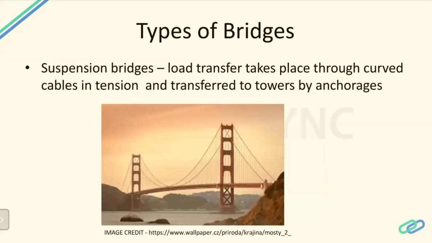Next comes the suspension bridge. Here in the image, you can see a curved cable and a roadway. The vehicles go on the roadway, and the load coming on the roadway is transferred through these curved cables, through tension. The tension is transferred to the towers, and the towers transfer it as a vertical load to the foundation.